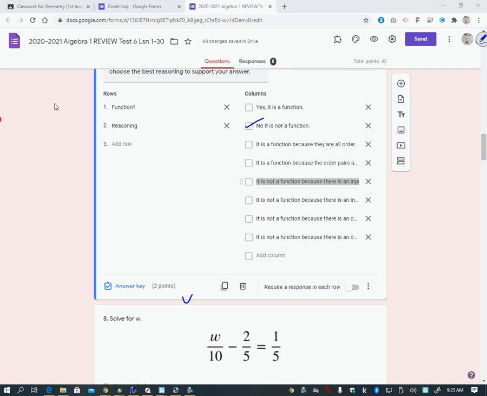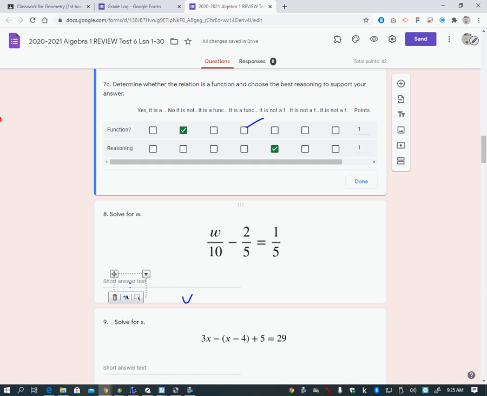No, well, after you pick either yes or no, you have to pick one of these down here. Do you understand? Okay, and I don't know why none of the, and it may not have even given you any points. I don't know what the answer key says.